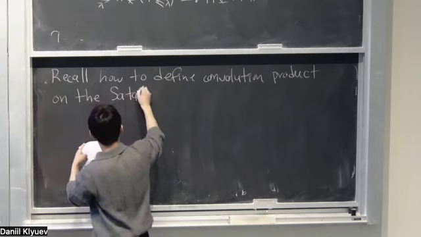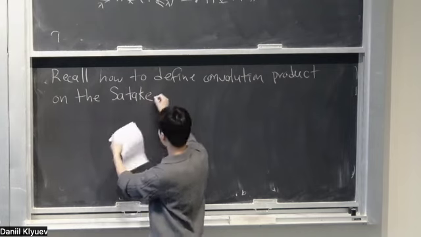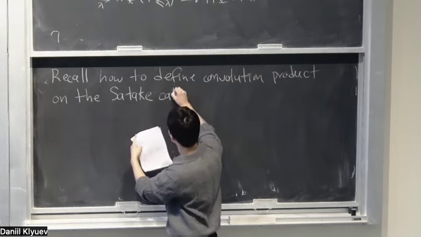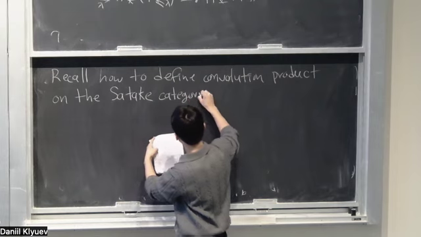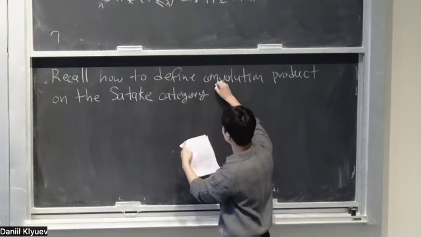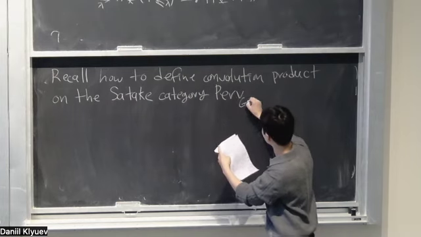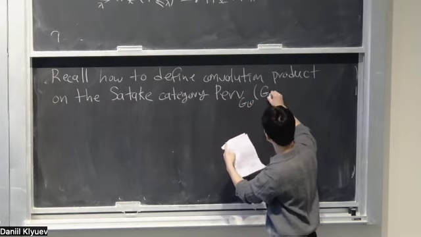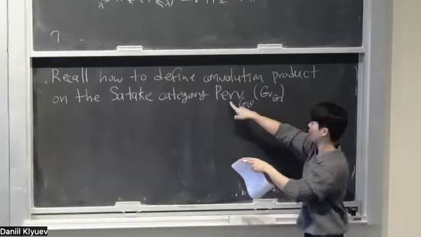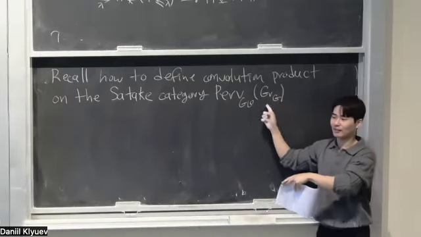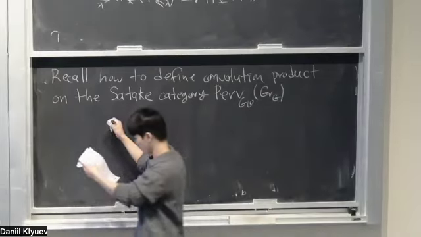We're not going to talk much about it, but I'm going to write down the things we do. And Alan mentioned there is this equivariant perverse sheaves on the affine Grassmannian. That's called the Satake category. Just a name.